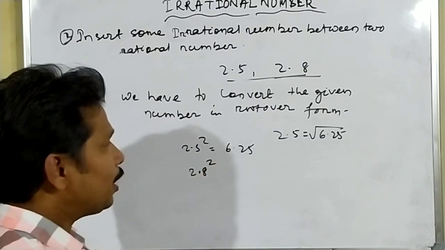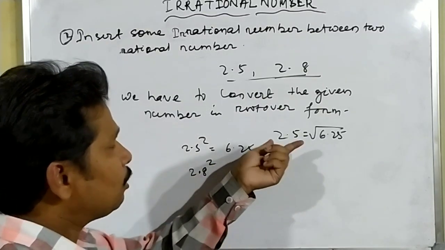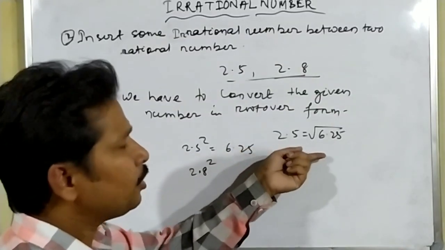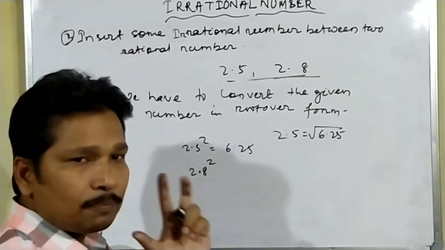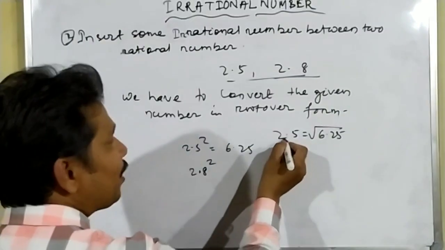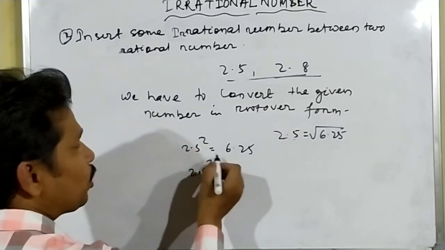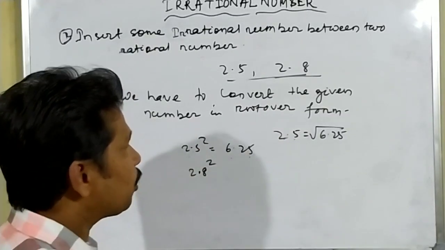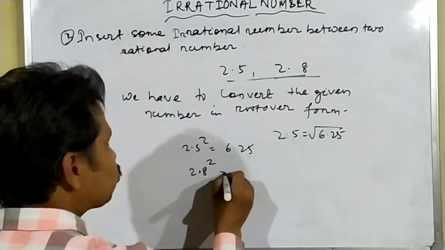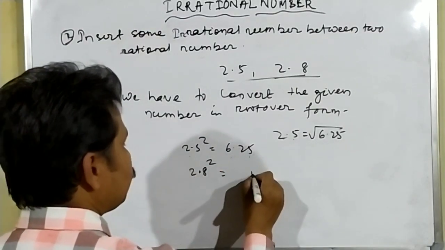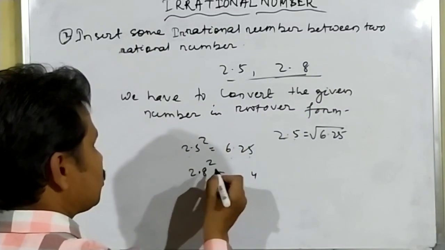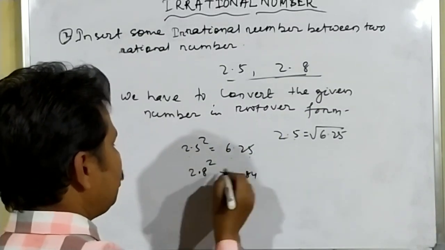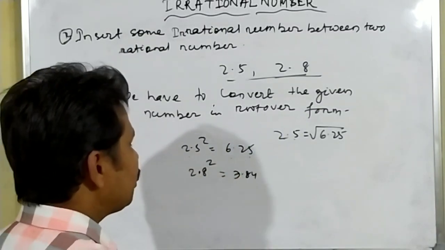Again, 2.8 squared. So we have to convert the given rational numbers in root over form. For that we have to find the square of these numbers. So 2.5 squared equals 6.25. That means 2.5 equals root over 6.25. So 2.8 squared equals how much? 8 times 8 is 64, carry 6, 8 times 2 is 16, plus 6 is 22, 2 carry 2, 2 times 2 is 4, plus 2 is 6... 7.84.